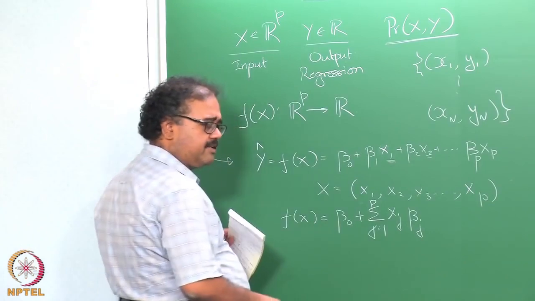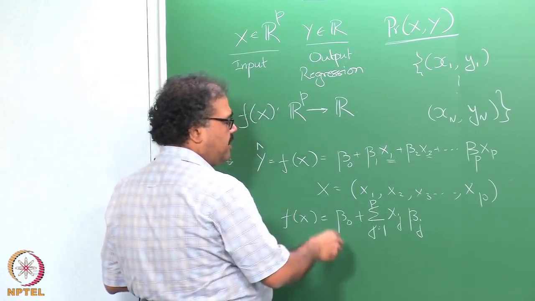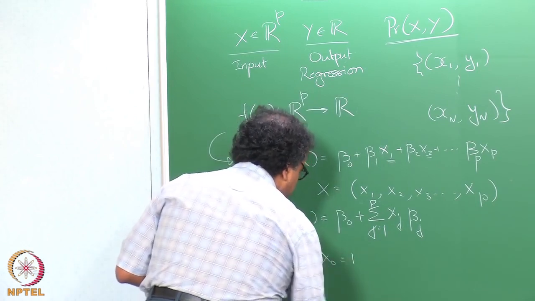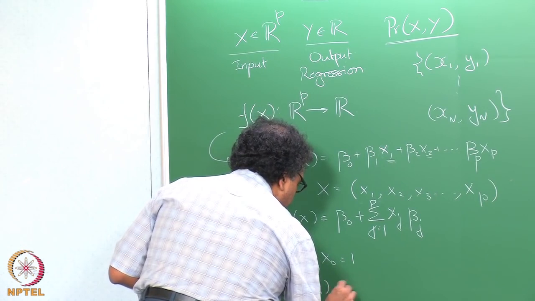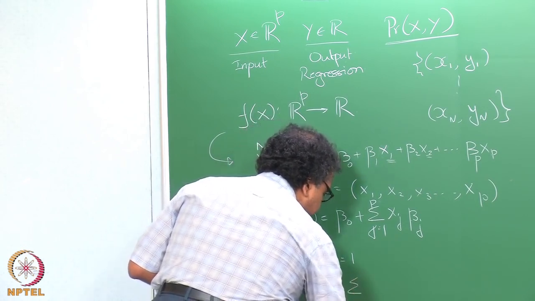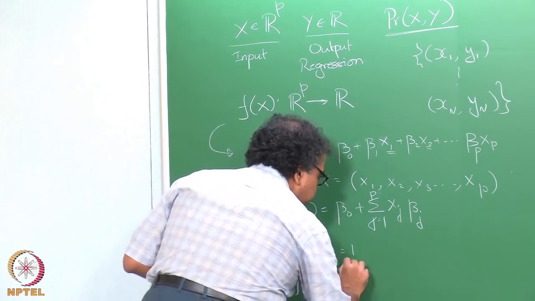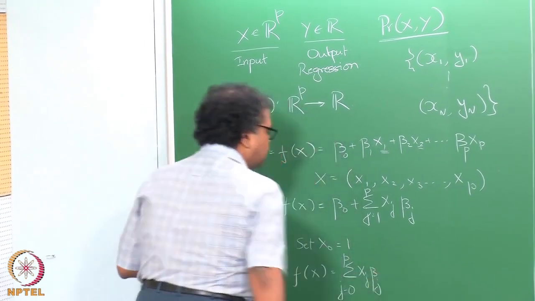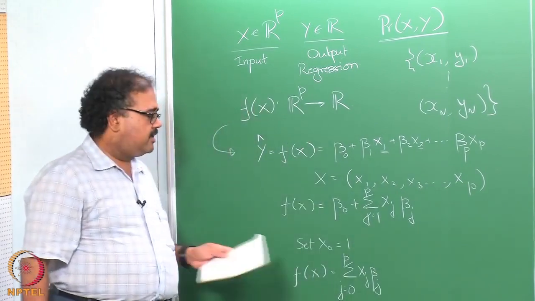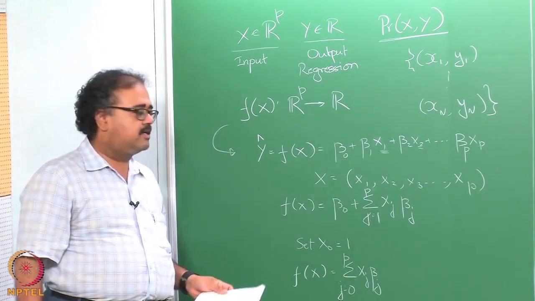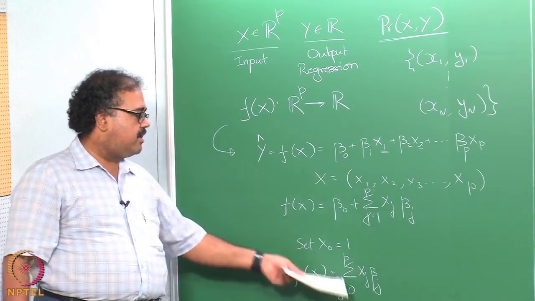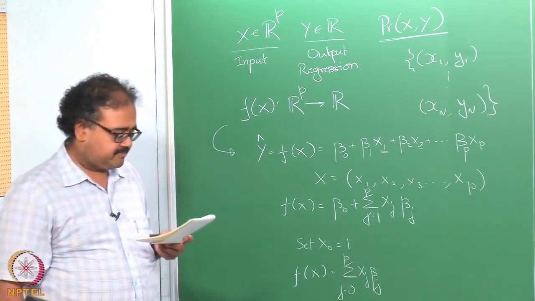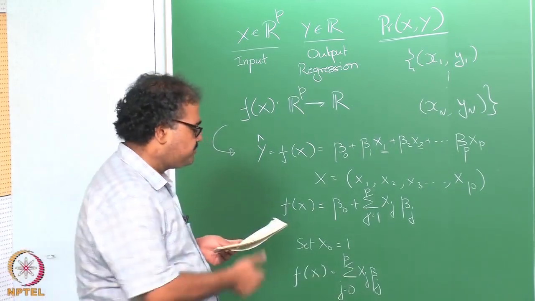An alternate way of writing this is to set x naught equal to 1, and then I can remove this special treatment of beta naught and just write the summation j equal to 0 to p of x j beta j. Is that clear?